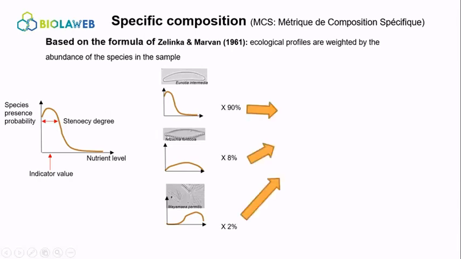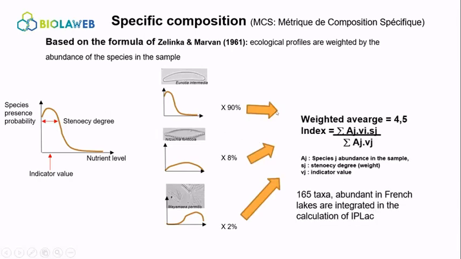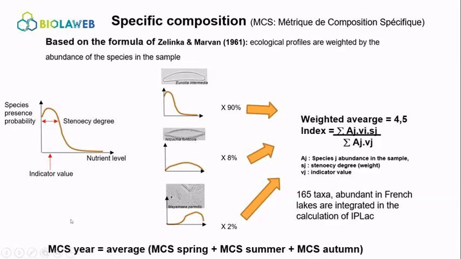No. Thank you. So you know it. This is a classical biotic index. The IPLAC gathers the ecological profile of 165 taxa, and this metric for a year is in fact the average of the 3 metrics of spring, summer, and autumn.